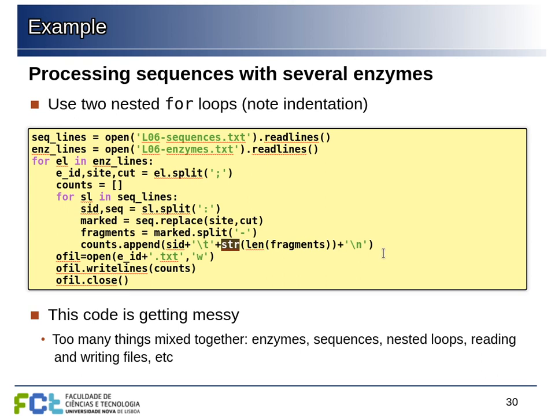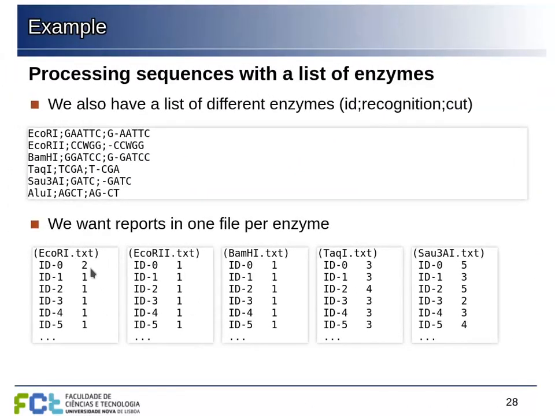But this you can do with this function, str, which converts any other kind of object into a string. Then we add the new line character, so that when we write the files, we have a line break at the end of each of these lines.